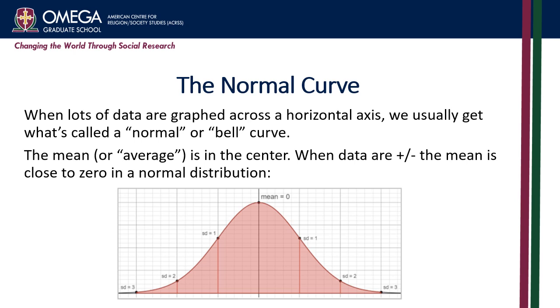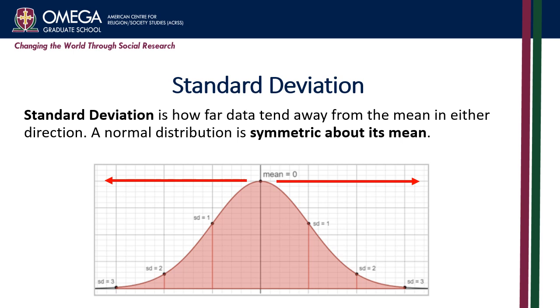If you think about it, very few data are on the extreme negative, very few data are on the extreme positive, and as you move closer and closer to the average, you get more and more data which are closer and closer to the average of the overall data set. In a normal distribution, we often want to calculate what's called the standard deviation.